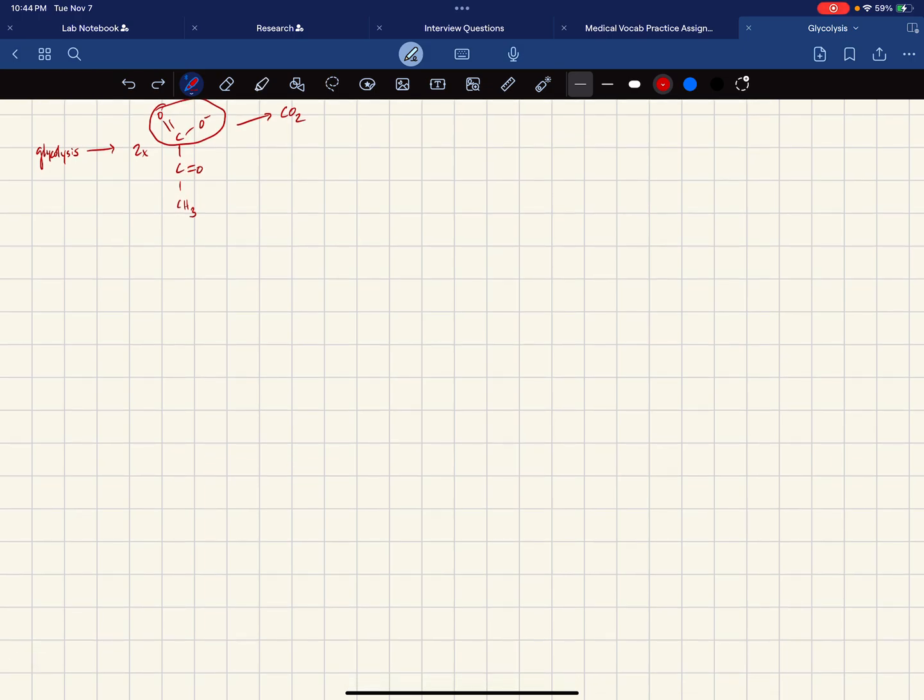So I'll draw glucose first. Okay. So once we have this, what ends up happening to glucose, I'll copy it over here.